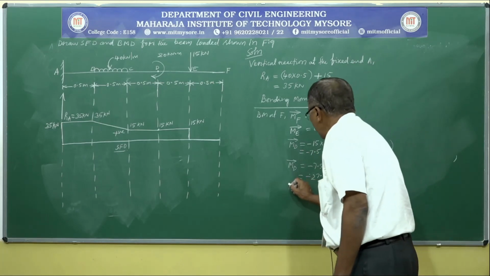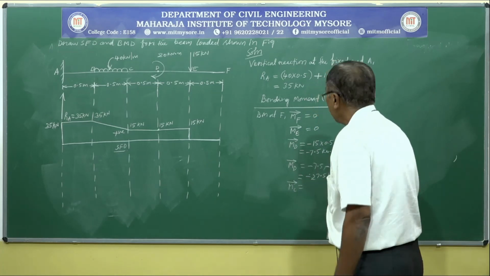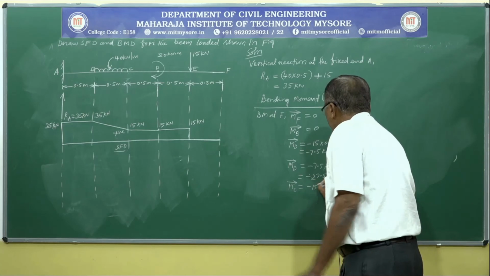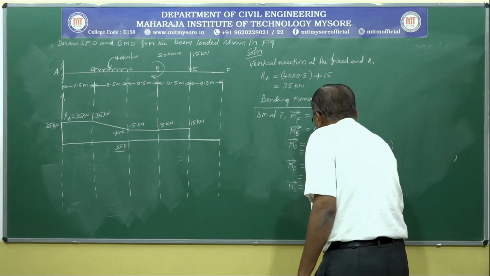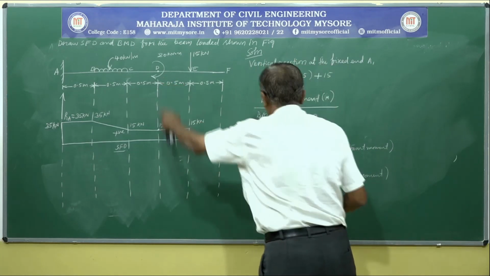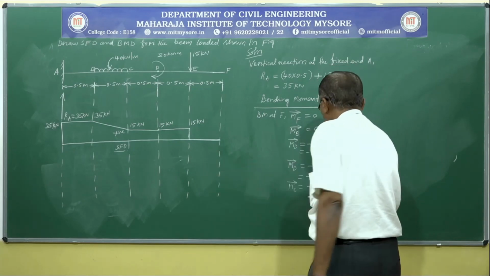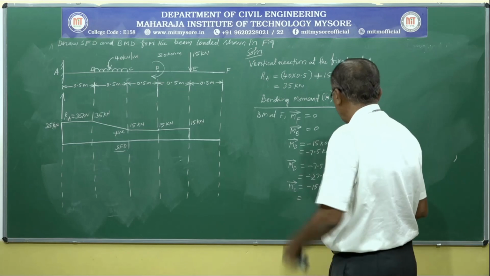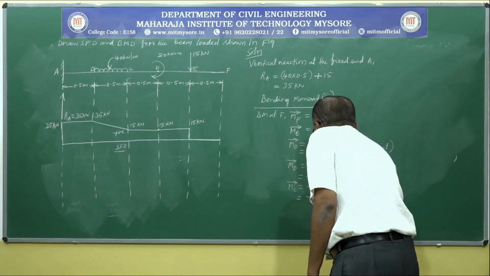Next, bending moment at point C, MC, considering the right hand side: minus 15 into 1, minus 20, consider moment as it is, that is equal to minus 35 kilonewton meter.